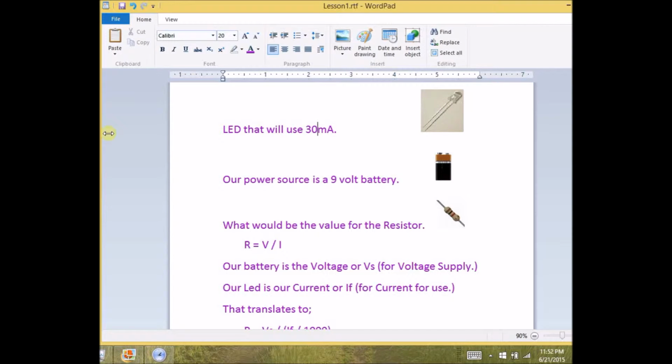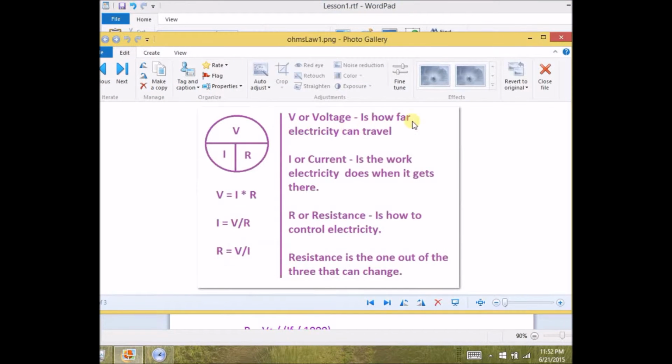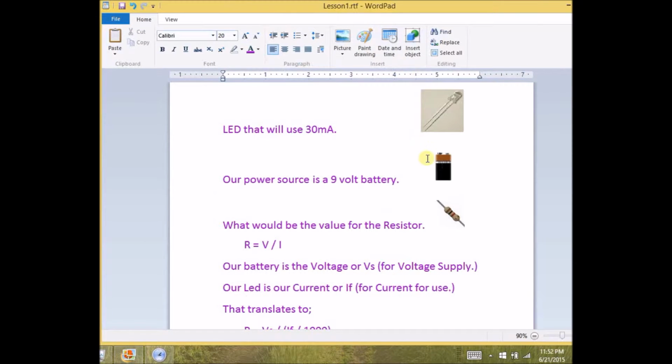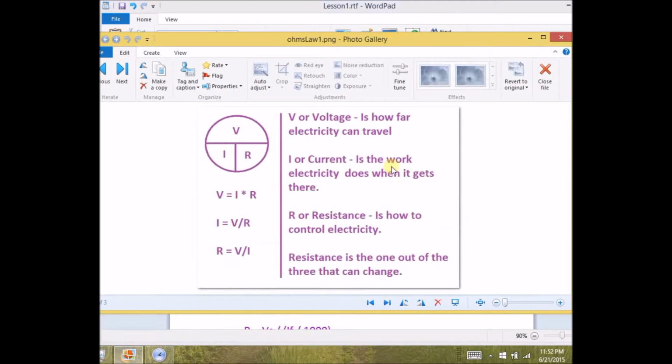Your voltage is how far the electricity travels. So your battery is going to send out electricity to your LED, and that's how far it's going to travel, and then the LED is going to do the work, right? Now, the resistance is how you control the electricity.